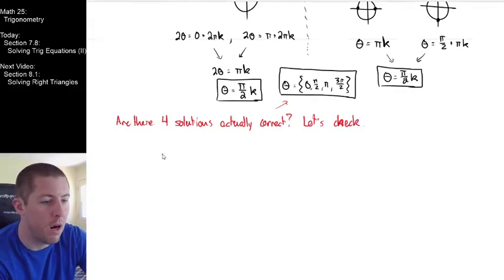So remember, our original equation was sine of theta plus cosine of theta equals 1.